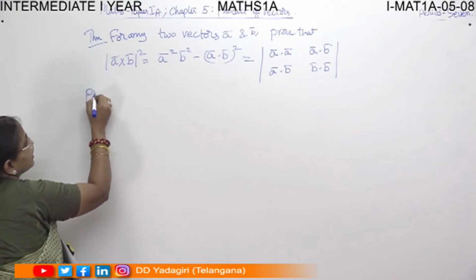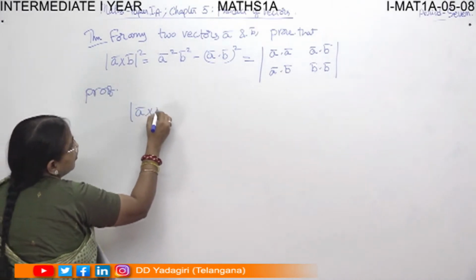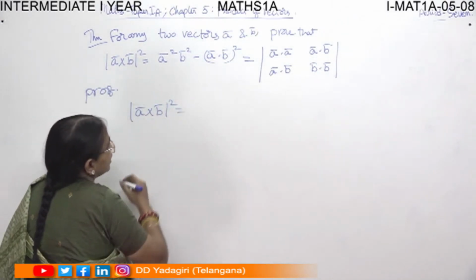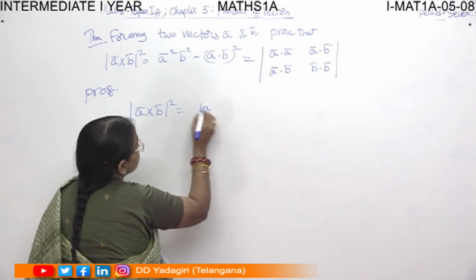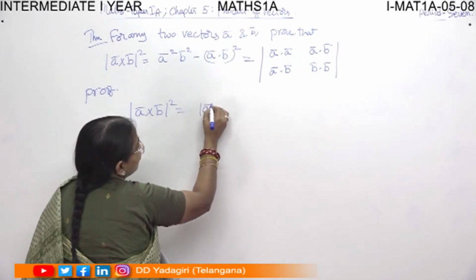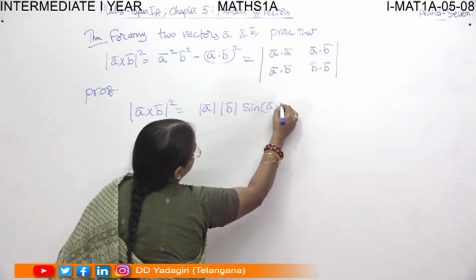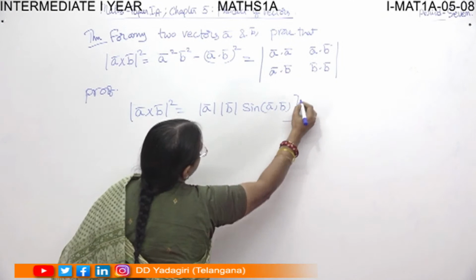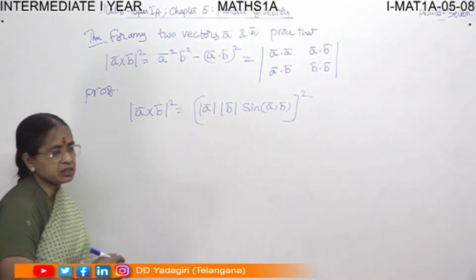So the proof is like this. We'll take mod A cross B whole square. What is mod A cross B? Mod A into mod B into sine of the angle between A and B. This is the formula. We have seen it just now.